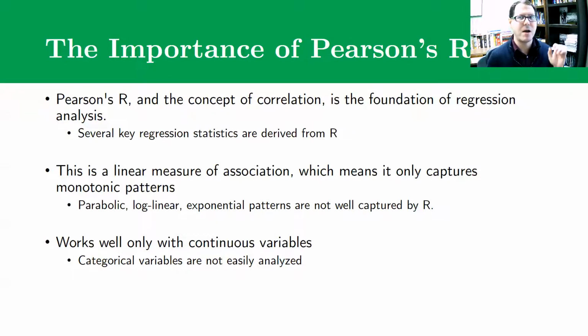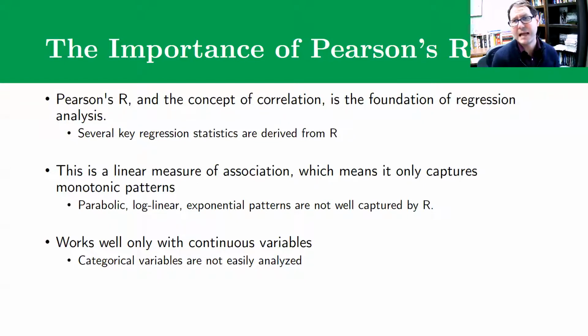Pearson's R is going to have a really hard time figuring out what that is, because it seems like it's going up in a positive direction, then it seems like it's going down in a negative direction, and that could end up canceling out and resulting in a zero correlation, suggesting that there's no pattern, when in fact there is a pattern. Similarly, if you have an exponential relationship where things start out slowly and then gain acceleration as they go, Pearson's R is going to underestimate that pattern because it's going to try to treat it like a straight line and not recognize what's going on.